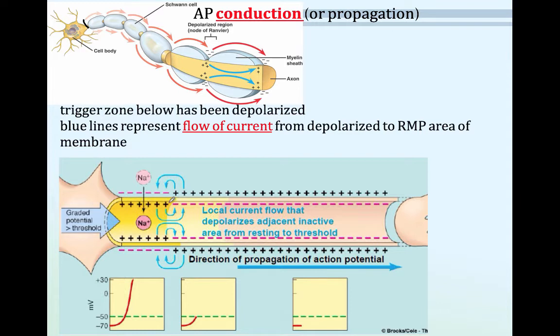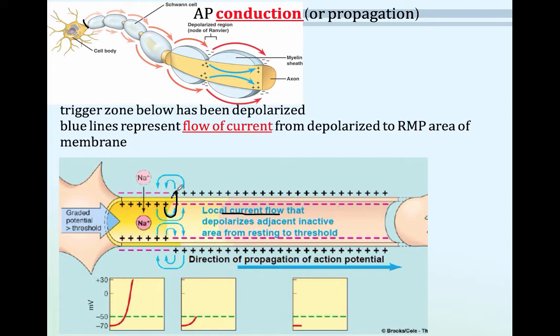Now this part is a little tough to understand. It comes from physics and an understanding of electricity. But when we have these charges lined up this way, positive to negative, you know that unlike charges attract. Negative to positive attract, positive to negative attract. This allows the setup of the local flow of current. This is just like the flow of current that goes through an electric wire to power your computer or to turn on a light or your TV or whatever electronic device you have.